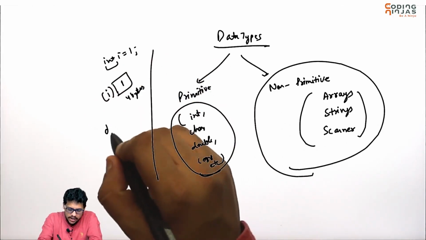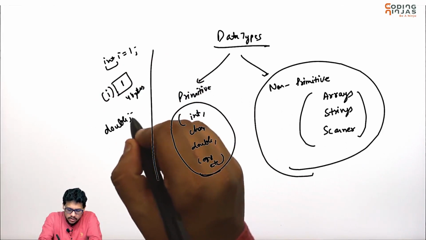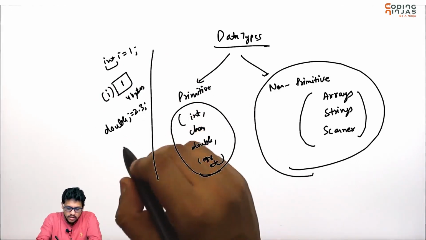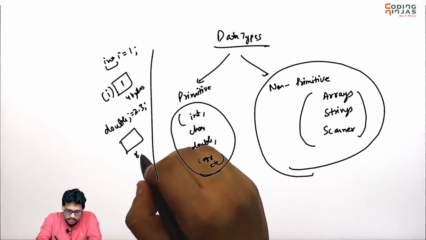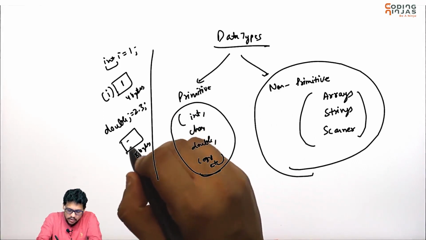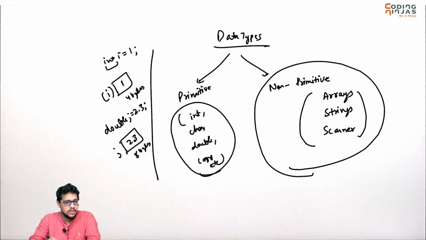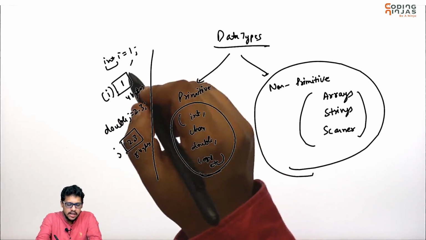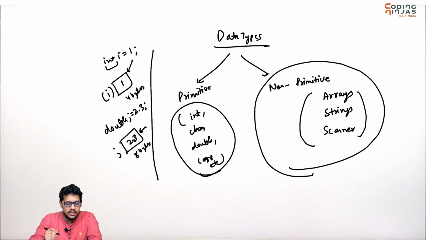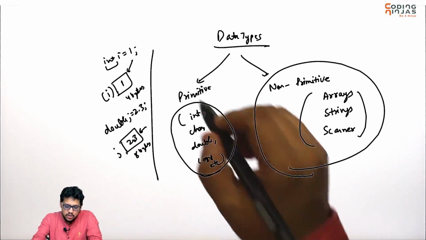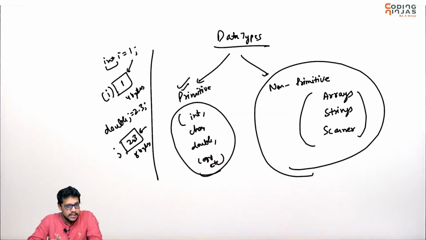You write double j equal to 2.3. Somewhere 8 bytes of memory is created, 2.3 is stored, and the name of the memory is j. So I and j are storing the values they have been assigned. Here 1 is assigned, here 2.3 is assigned. Great. So this happens in primitive data types.